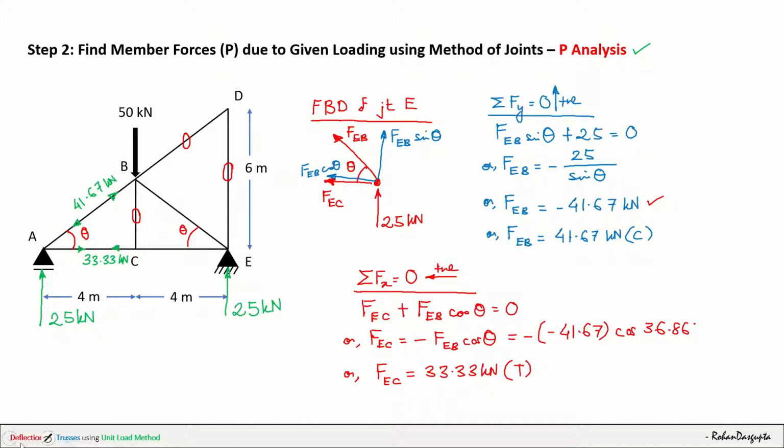So let me represent that in the diagram. So here FEC is 33.33 tensile, and FEB is 41.67 compressive.